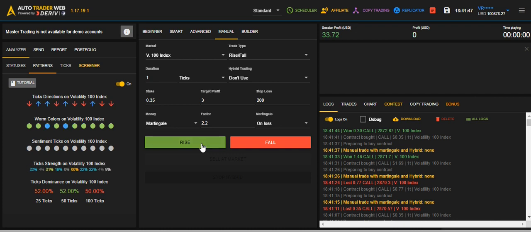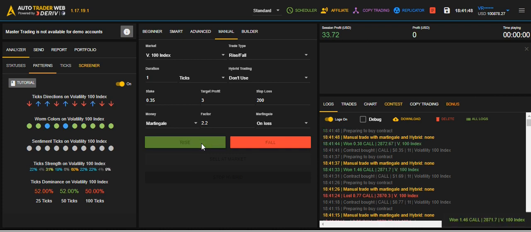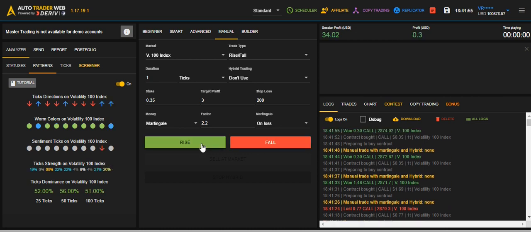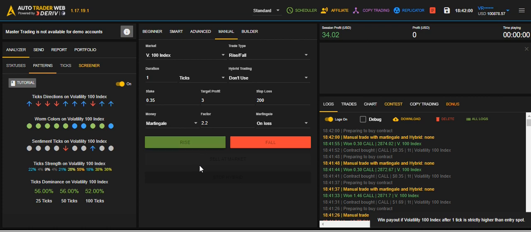Oh, it's already down. So don't rush to make a trade. It's above 56, so now I'm going to put the trade again.